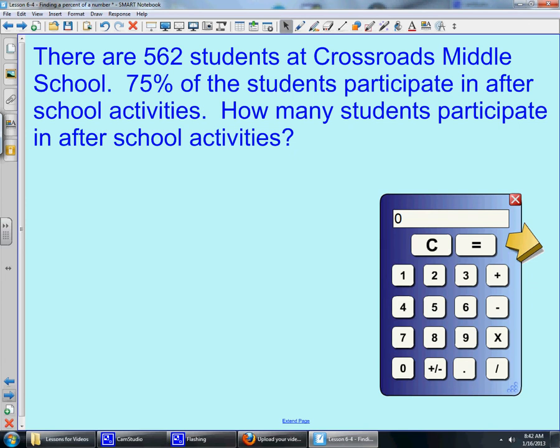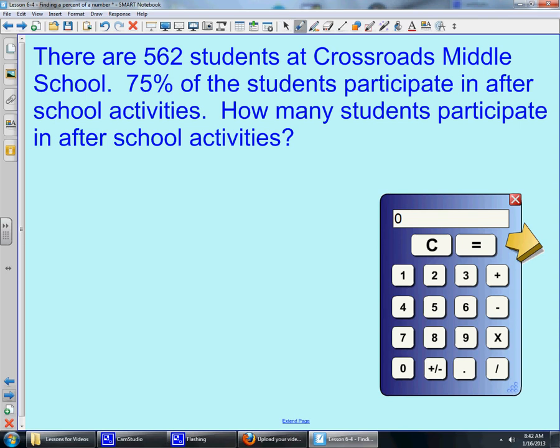Here are some story problems. We deal with a lot of percents in story problems. There are 562 students at Crossroads Middle School. 75% of the students participate in after-school activities. How many students participate in after-school activities? The question is usually going to give you what the variable stands for.